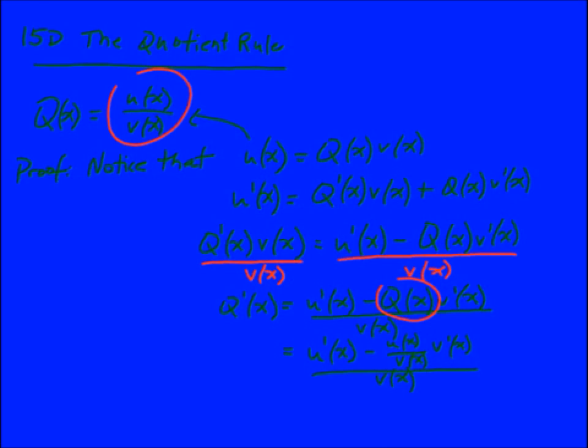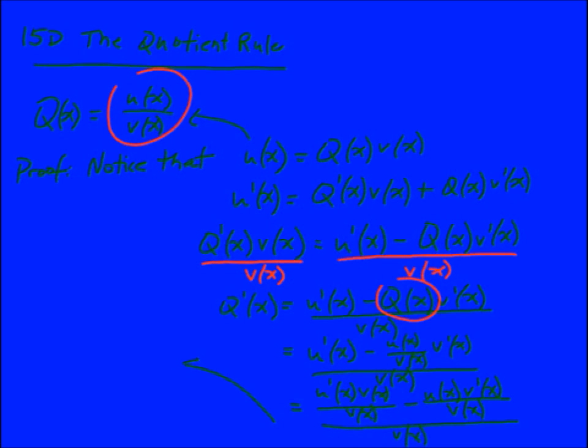We need a common denominator in that numerator. So u dash of x v of x over v of x subtract u of x v dash of x over v of x, which is all over v of x.